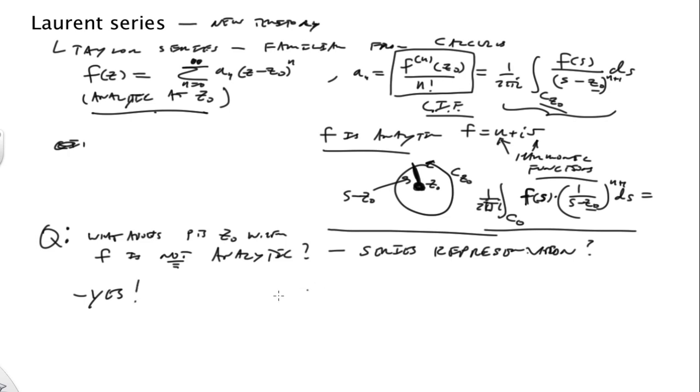Yes, indeed, you can. Before we get started on stating exactly how we do it or what form that takes, let's think about it again. If f is not analytic at a point z naught, say, a lot of times we find at least that there's a common form, z minus z naught to some power, we'll call it k.